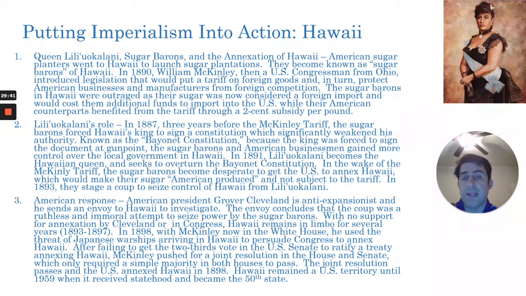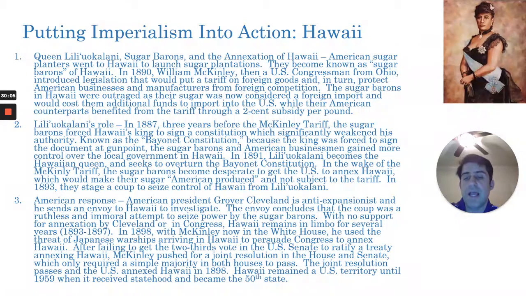The Bayonet Constitution is still in place. The sugar barons are trying to find a way that they can reclaim control of Hawaii and get Hawaii annexed to the United States. And it's just a very confusing, messy situation for pretty much everybody involved.